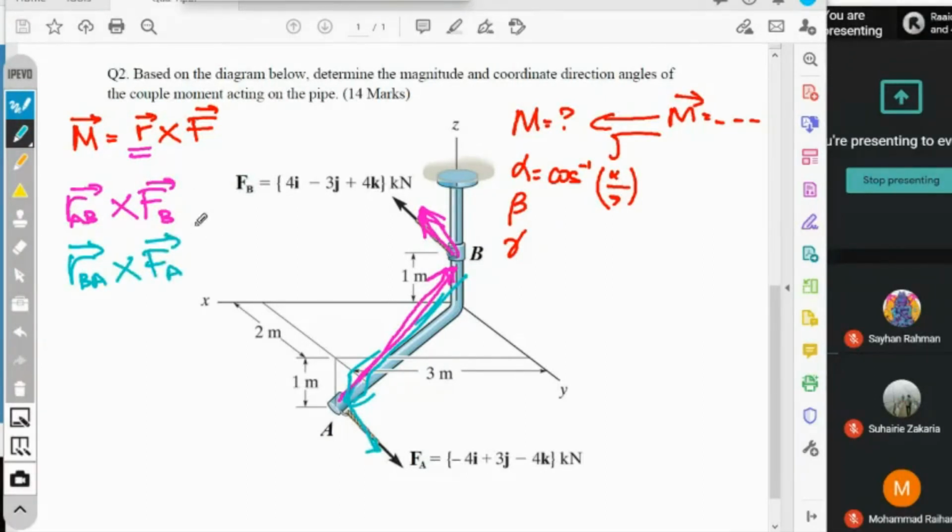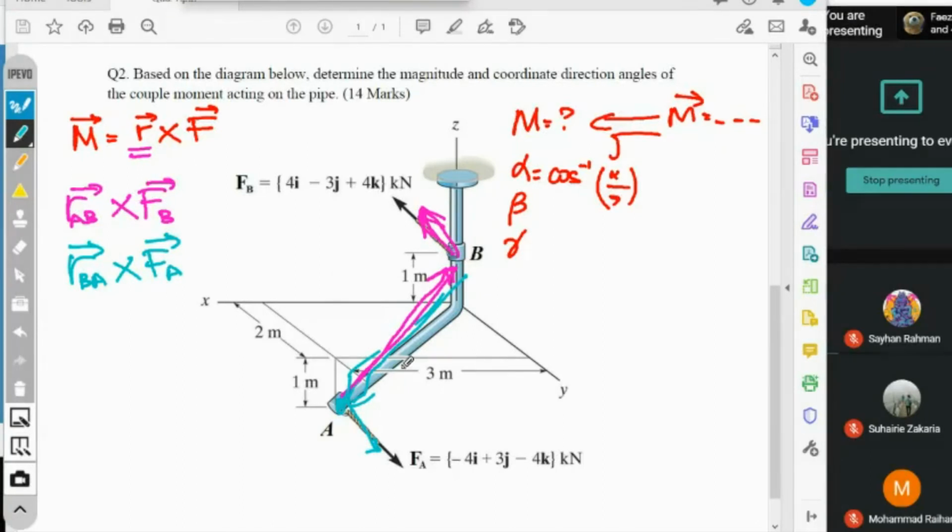Either one of these will give you the same answer, right? But if you mix this up, then conceptually you get it wrong, and of course the answer will also be wrong. Make sure you understand this concept. It's similar to moment about a point. For example, the point here, the force will be here. It should be straightforward, I think, right?